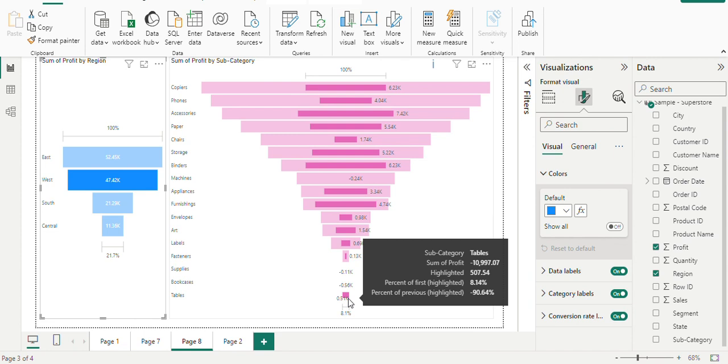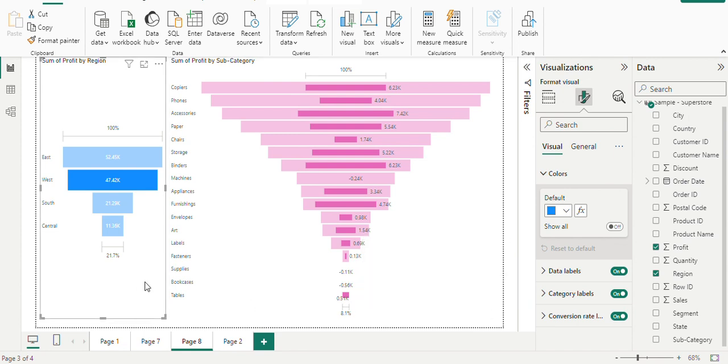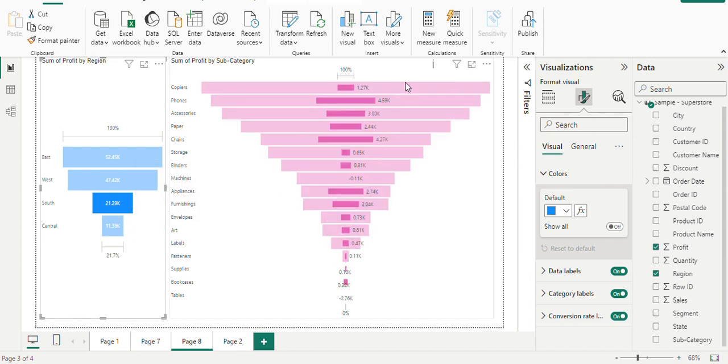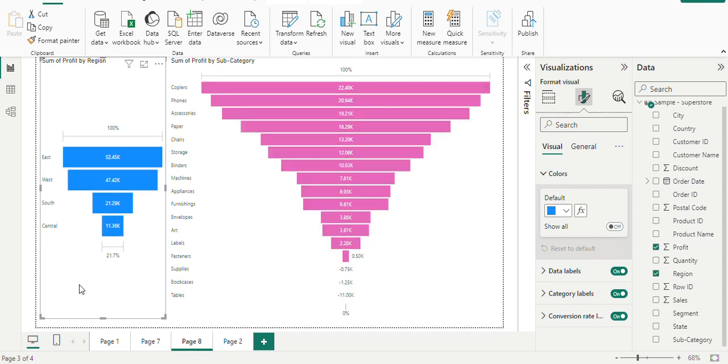But tables, which are in loss when we take the data as a whole, are in profit in the west region. So using these two funnel charts, we can identify a lot of things, such as which items give maximum profit, in which category, which region, and so on. This data is visually appealing, and from the visuals themselves we can understand a lot of information.